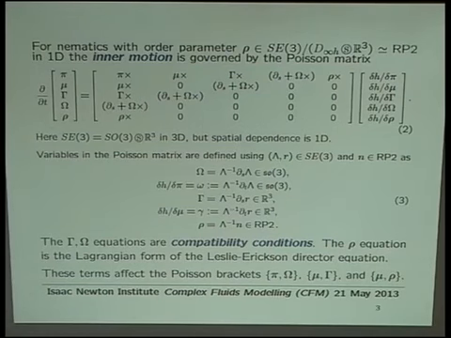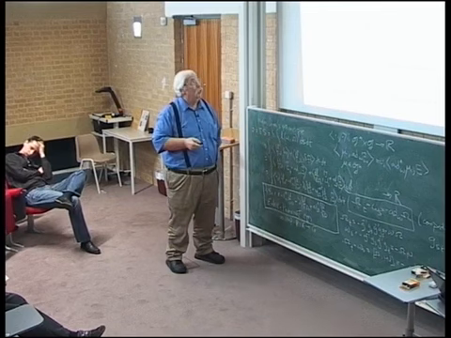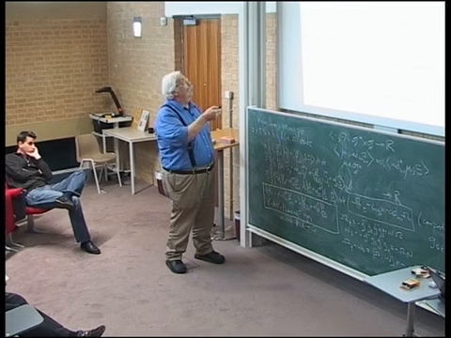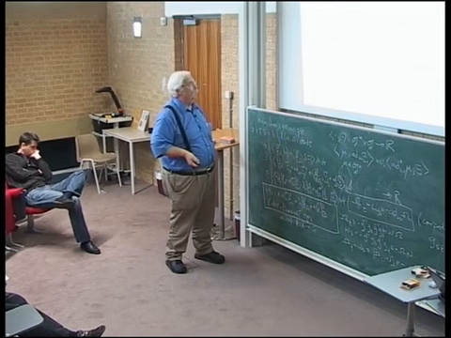So there's going to be an angular momentum and a linear momentum, and there's going to be an angular velocity and a linear velocity. So that all has to go into the equation. And then there's reconstructing our element of the coset space.